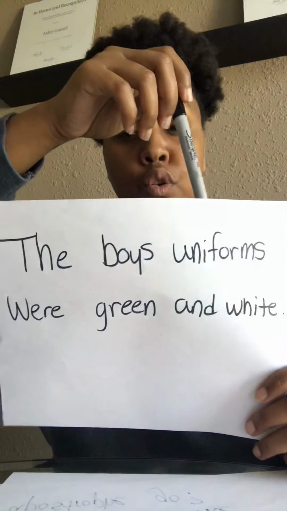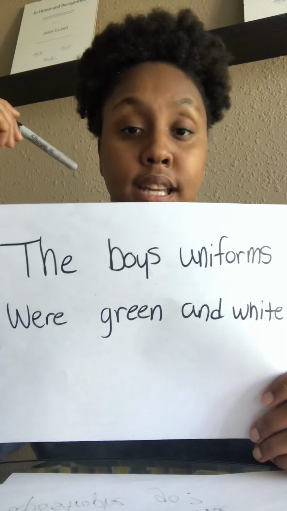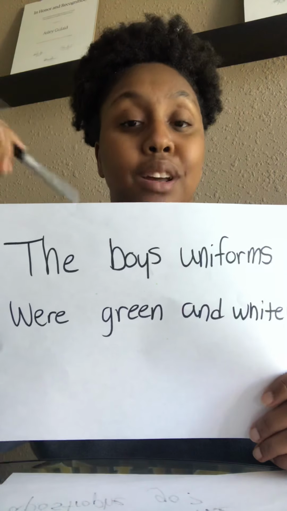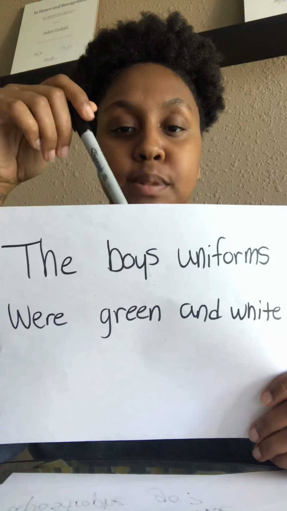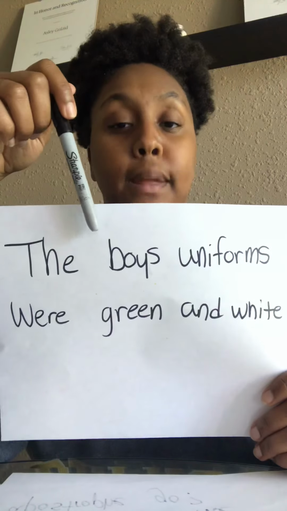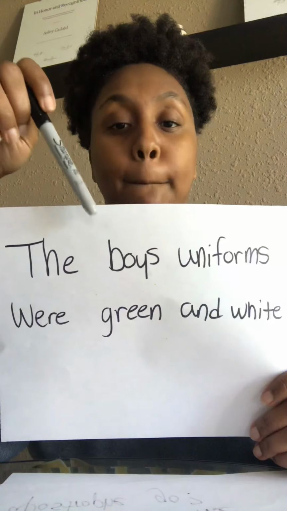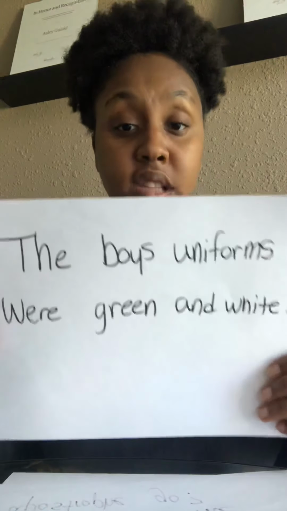They own the uniforms. Now my next thinking step is to see if that possessive noun is singular or plural. Looking at this possessive noun, it already has the S. So that means that it is more than one boy. So boys are plural. So now, where does the apostrophe go?